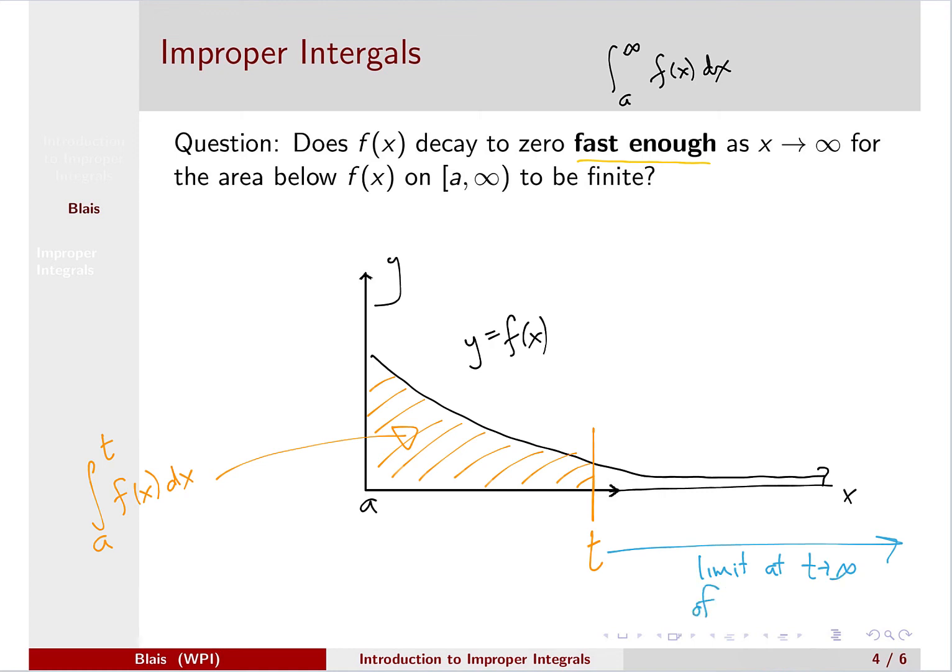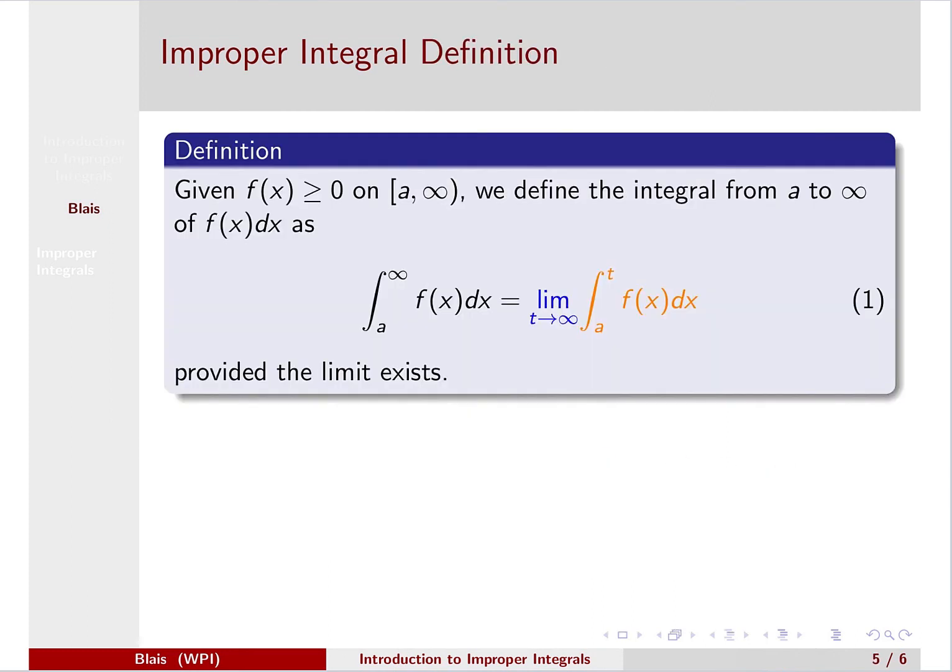Of that, you can think of it as this depicted area. Now, as t goes to infinity, this shaded region fills in all of the area below the curve, and when you take that limit, you get the actual exact value for the area below the curve. And that gives us our definition of the definite integral from a to infinity of f of x dx for such a function, non-negative on a to infinity. So you see we've broken it up into those two pieces.